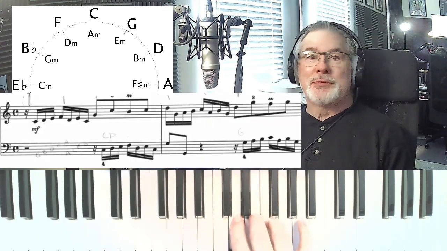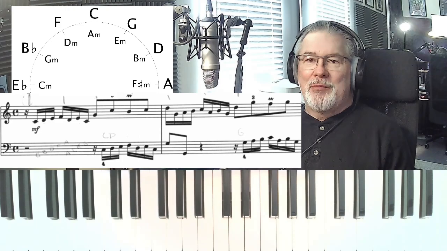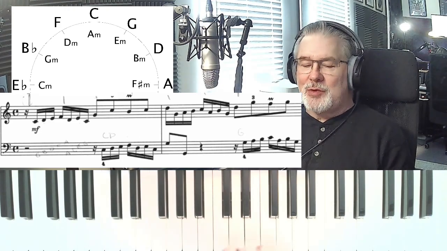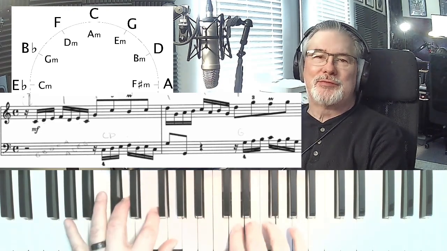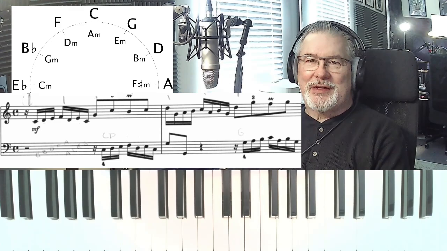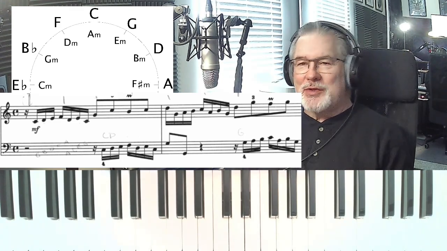Bach wrote all these flowing notes, but behind it all is chord structure. That kind of thing hides in behind it. I want you to start seeing and analyzing music instead of just a bunch of notes, which is what most students learn.